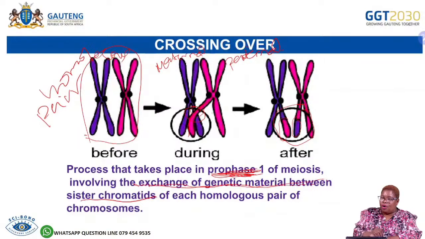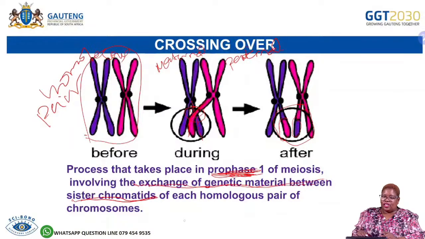Then after overlapping, that's when we can see those sections that show genetic material was exchanged. So it involves exchange of genetic material between sister chromatids, right? Sister chromatids of each homologous pair of chromosomes.